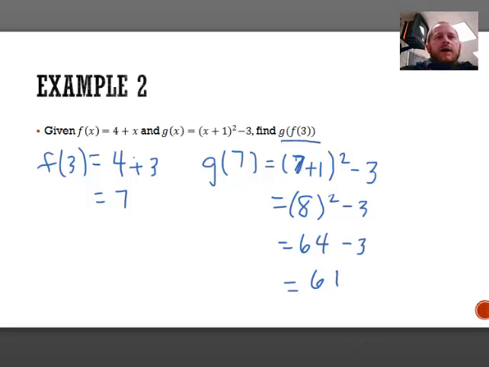So that would give me my final answer of 61. So that's what you're doing with compositions. You're subbing one answer in for another function.